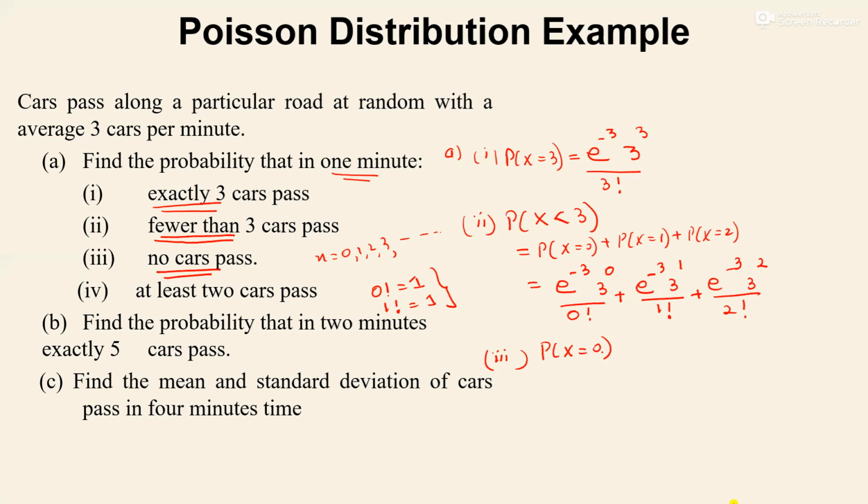If no cars pass, then this value will be 0. So that is e to the power minus 3, 3 to the power 0 over 0 factorial. So whatever probability you get will come here. Not this one, I'm going to erase it.